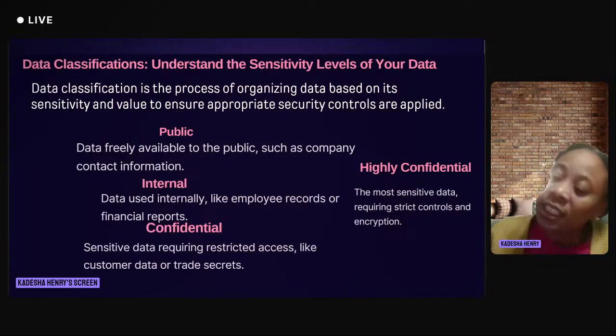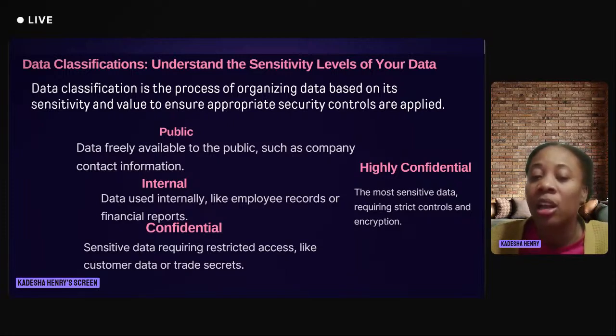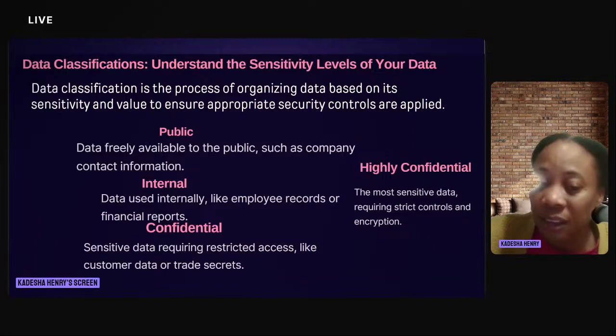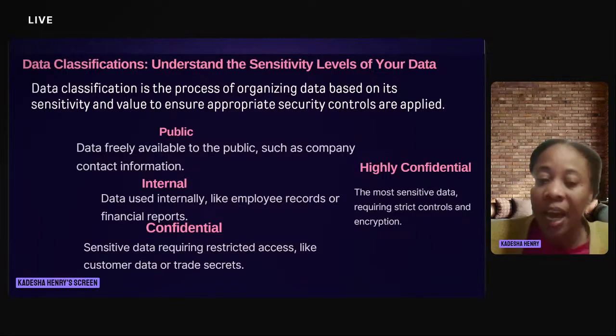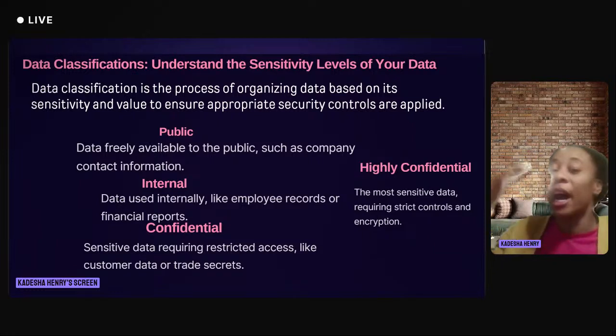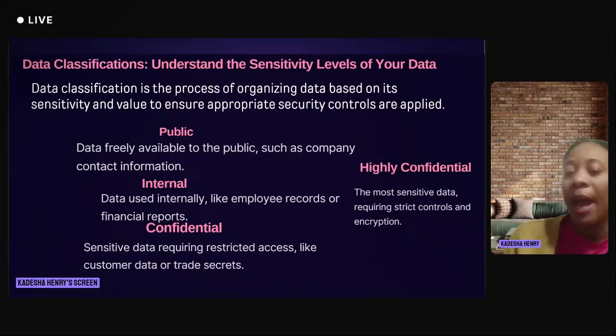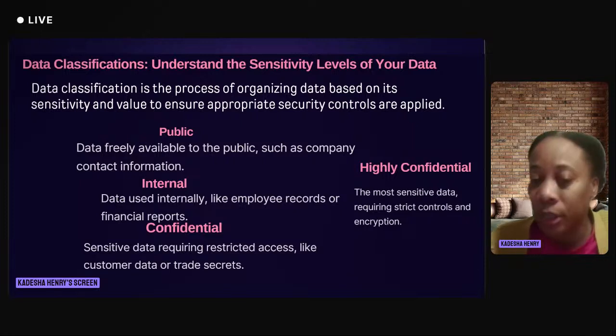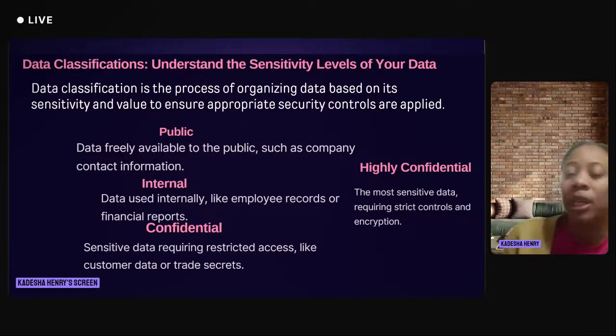Only what is given to them by the sysadmin, the access that is given to them, that's all they can access, right? So those are internal data, and those data are protected with access control or some form of restriction.